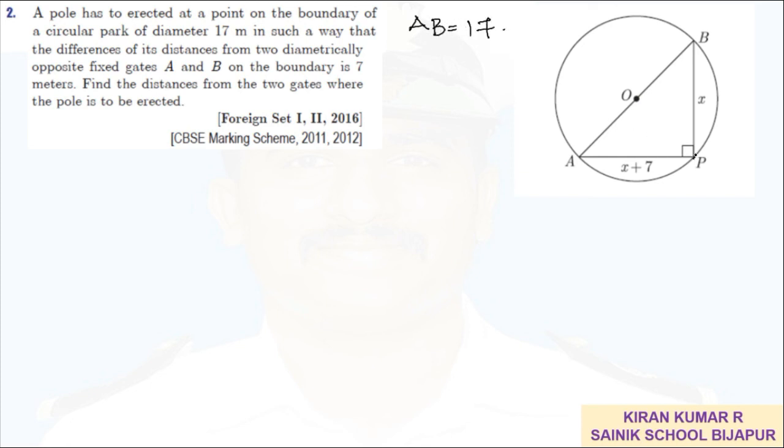I have considered point P to be a point on the boundary such that their distances from gate A and gate B are taken as x plus 7 and x respectively.